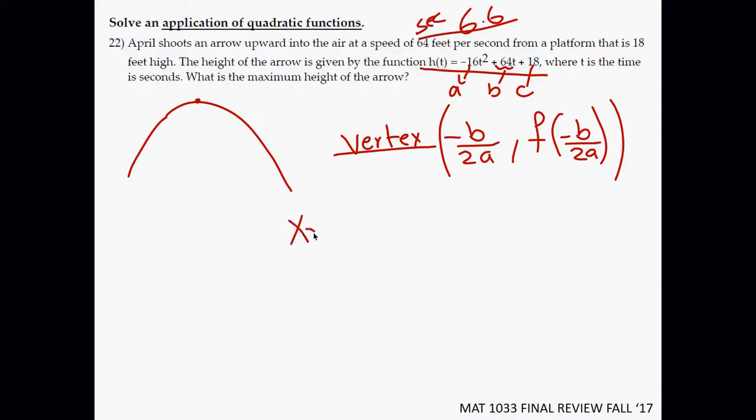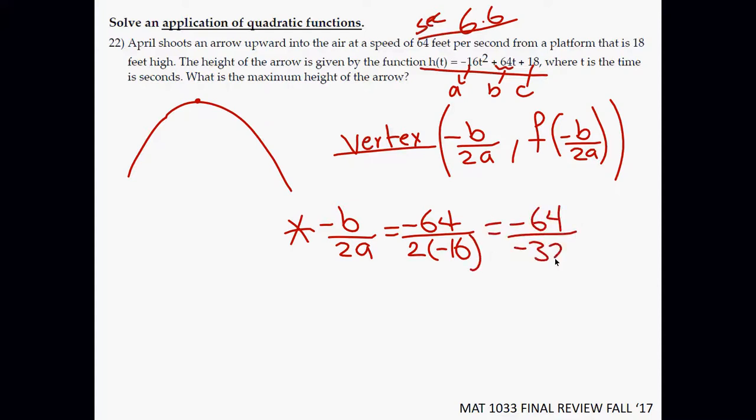So let's find the first one: negative b over 2a is equal to negative 64 over 2 times negative 16, and that is equal to negative 64 over negative 32, and very clear this is 2. So the x is 2 for the vertex.